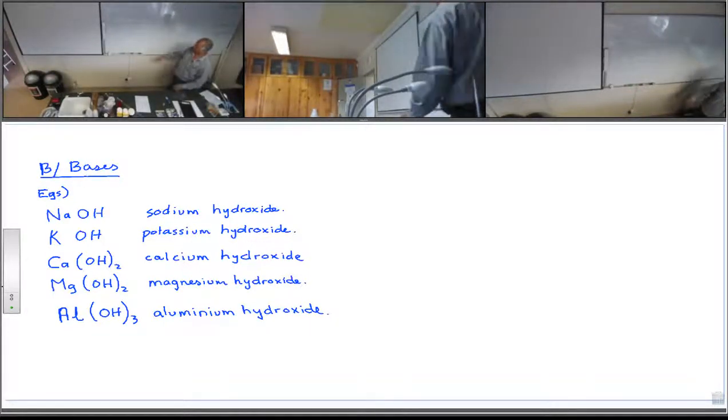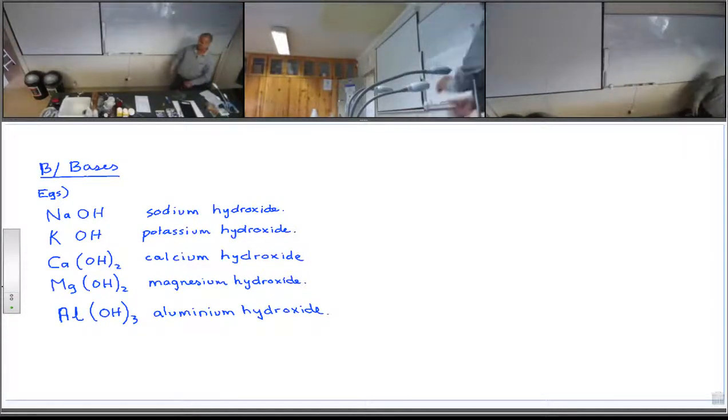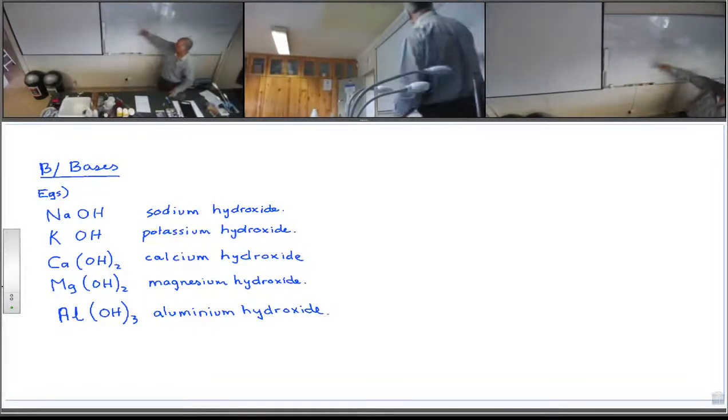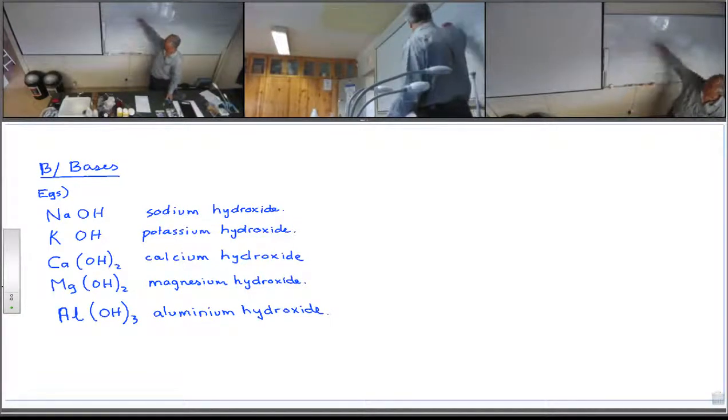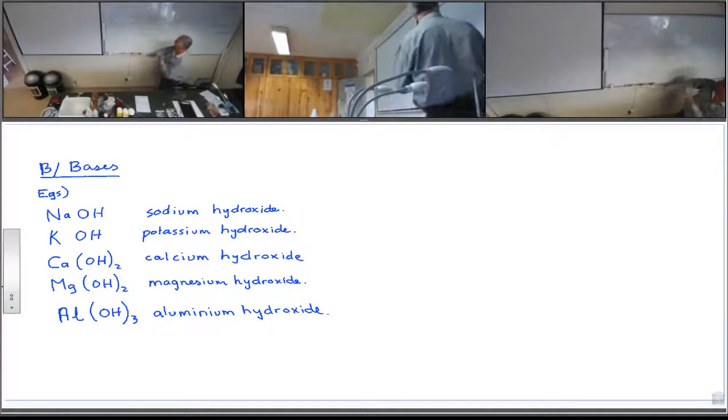Okay, now, could anyone tell me which one of these bases is the strongest? This one? That one? Generally the ones with only the one are your stronger bases. So these are your stronger bases, these are your weaker bases.